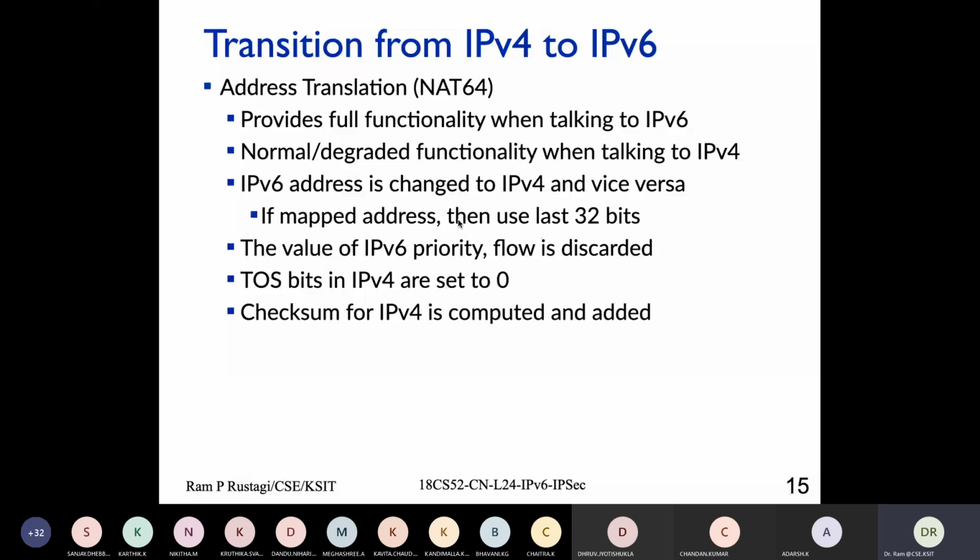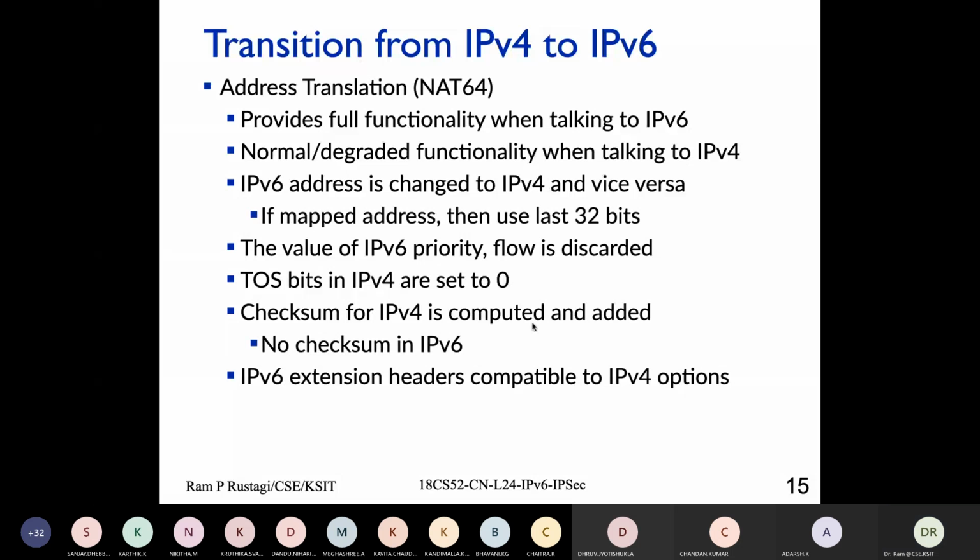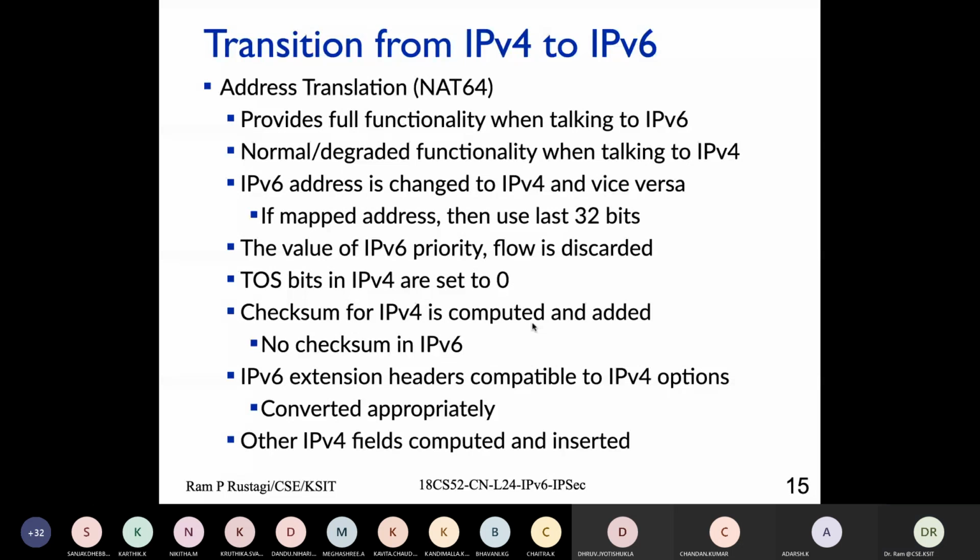So in a general sense, when you use NAT64, it is better to set it to 0, and the checksum gets added. And if you want options as in IPv4, some of the options can be supported by the extension header, which is the next header field we have in IPv6.